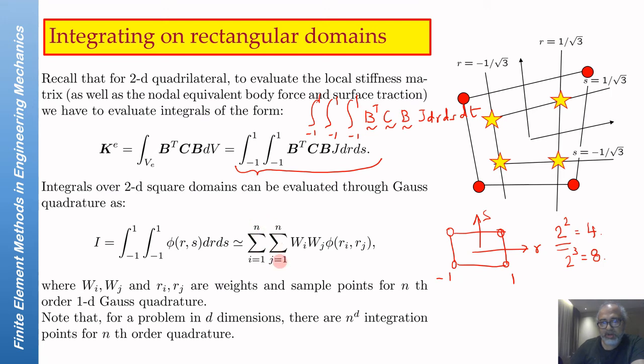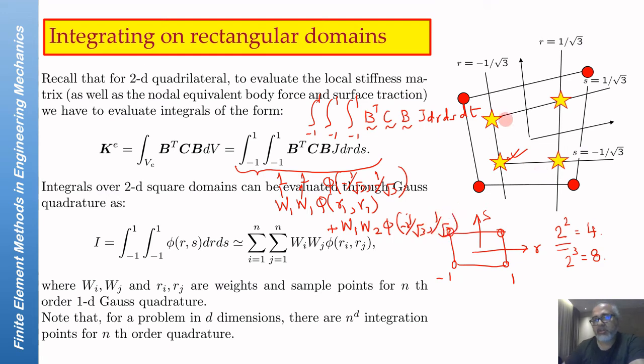Summation would be i equal to 1 to n, j equal to 1 to n, w1, w1, phi, r1, r1. That means you will have w1 is 1, this is 1, phi r1 r1 is phi evaluated at minus 1 by root 3, minus 1 by root 3, that is this point. Then plus w1 w2 phi evaluated at minus 1 by root 3 and then 1 by root 3, so this point.